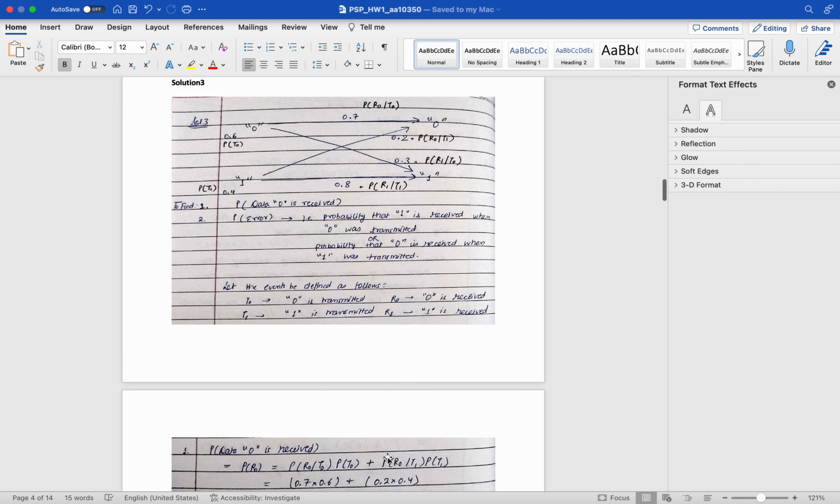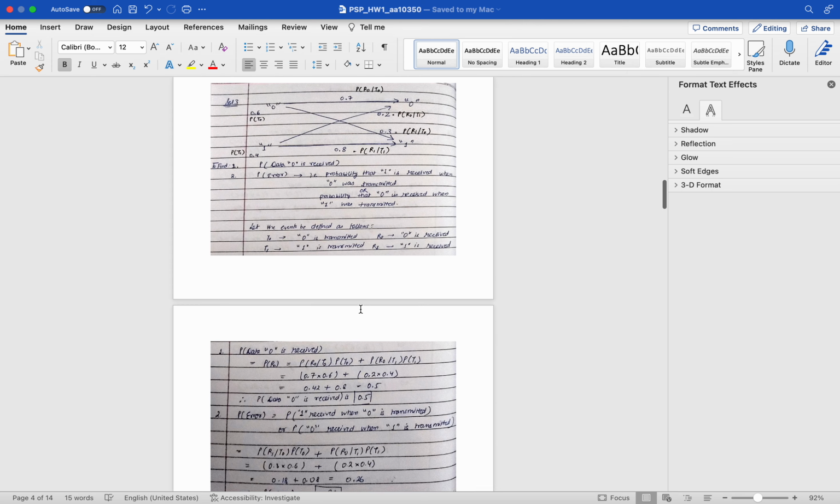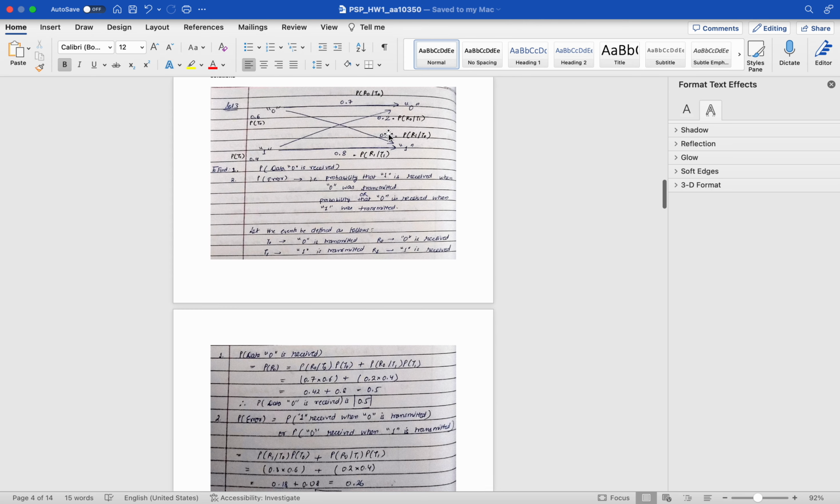Now for the second part we need to find the probability of error, which is the probability that 1 is received when 0 was transmitted, or the probability that 0 is received when 1 was transmitted. So again let's see it through the graph. So error occurs when 1 is received when 0 was transmitted, or 0 is received when 1 was transmitted.